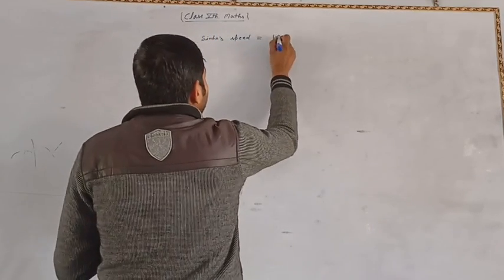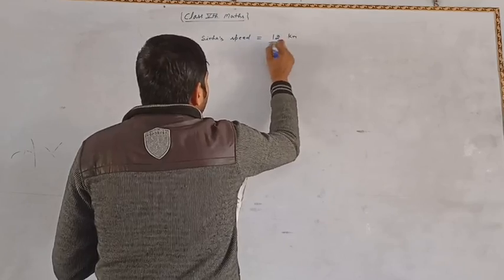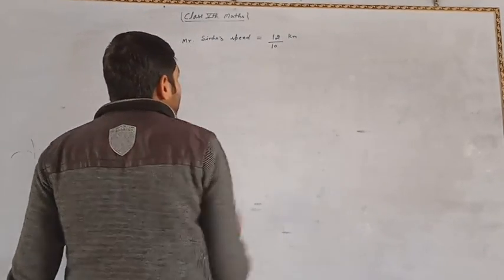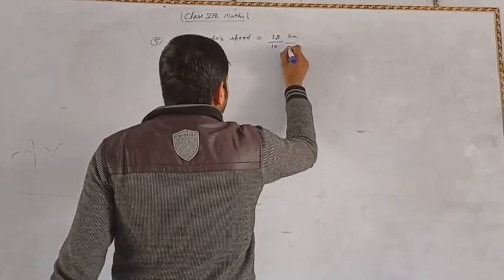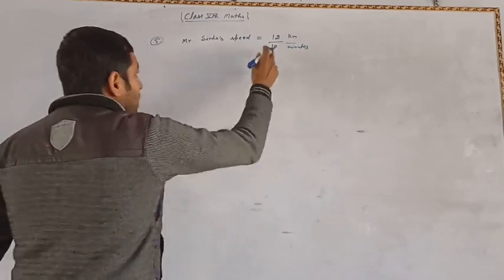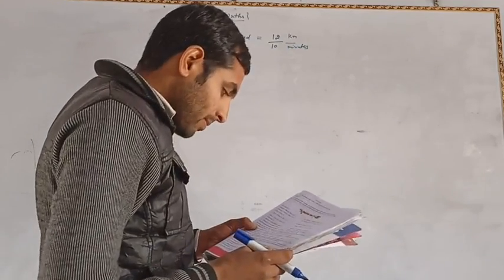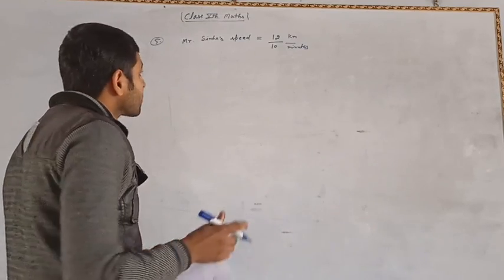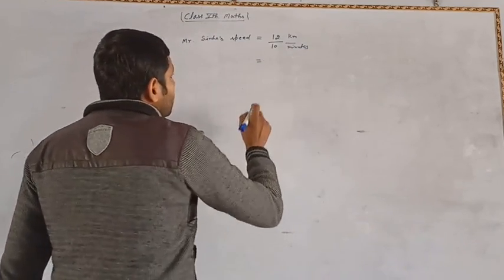Distance is given as 12 km. Time is also given as 10 minutes. So 12 upon 10 kilometer per minute is Mr. Sinha's speed. Now we have to convert this into kilometer per hour.